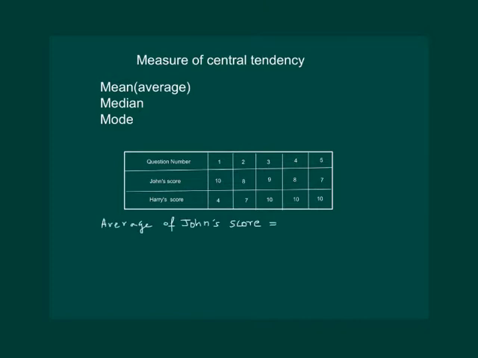John's average came out to be total 42 marks in 5 subjects or 5 questions, so 8.4. And the average of Harry's score is 41 by 5, which is equal to 8.2.